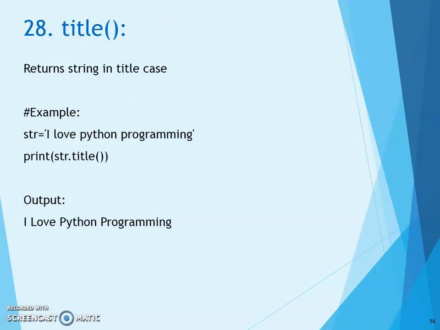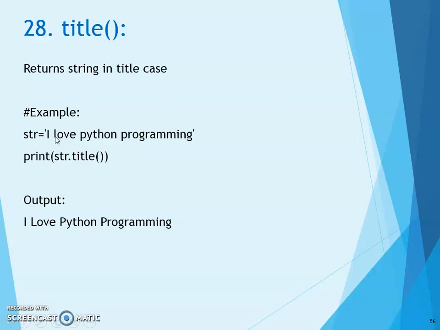Next method is title. This title method will return us a string in title case. Title case means the first character of each word in the given string will be converted into a capital or uppercase format. So in this, only I is there, so it will be converted into capital format as it is already in uppercase.